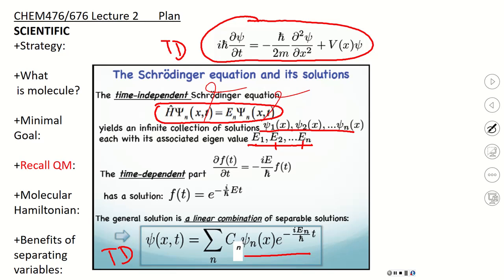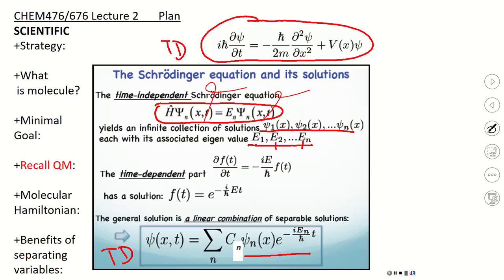So let's recall who we are, what we are doing, what our goals are, and how close we are to reaching them. We need to establish structure-to-property relations. We have an idea how to quantify a molecule as a set of Cartesian coordinates, and we know that electrons are distributed in space, and we need to solve the Schrödinger equation for electrons. So we do need an explicit expression for the Hamiltonian operator.